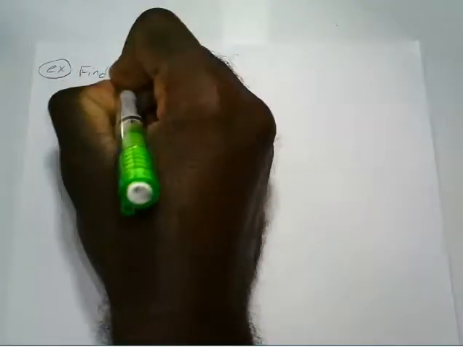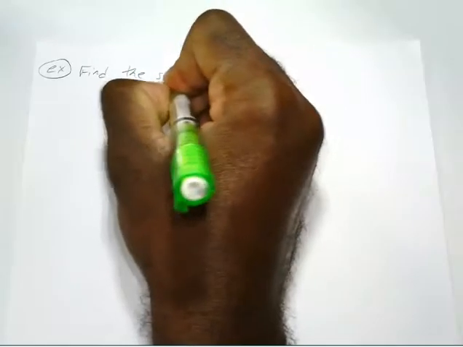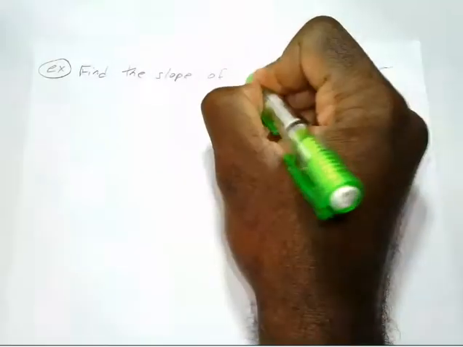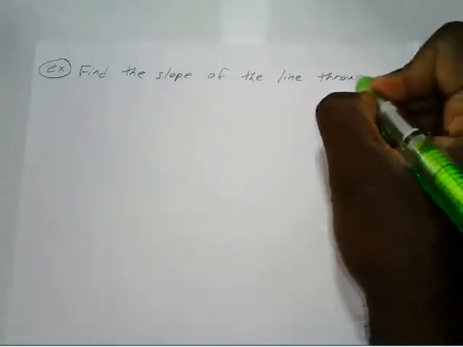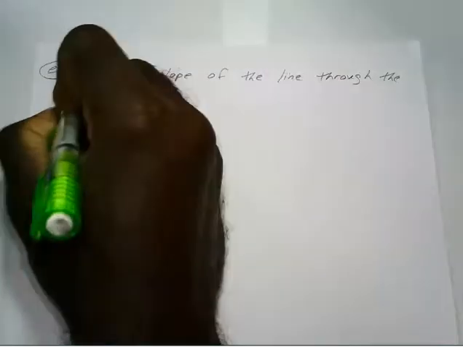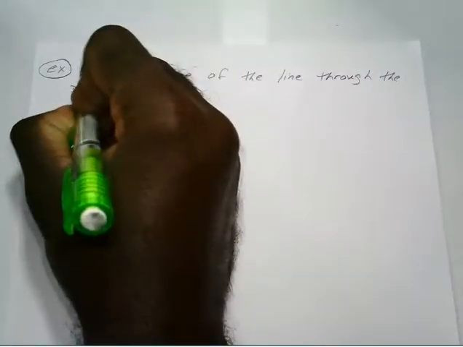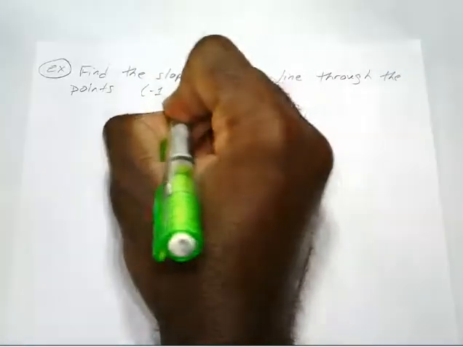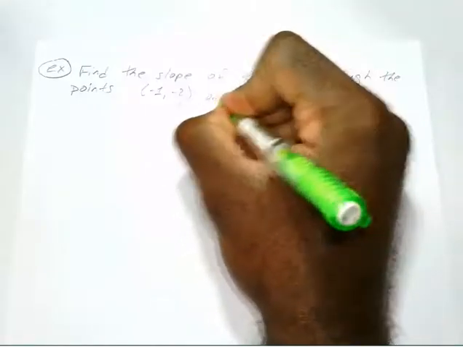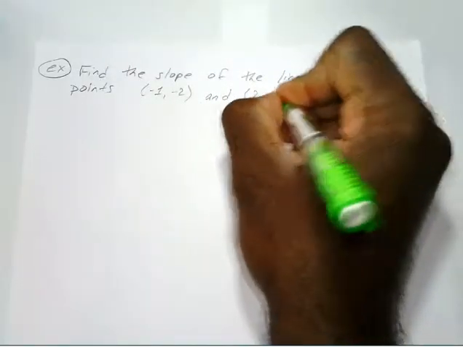All right, so for our next example, let's say we want to find the slope of the line through the points -1, -2 and 2, 4.